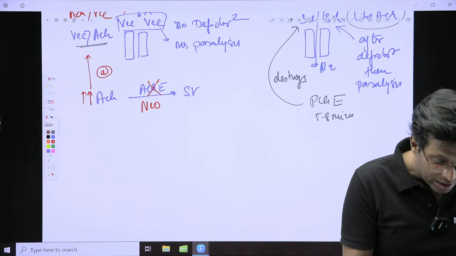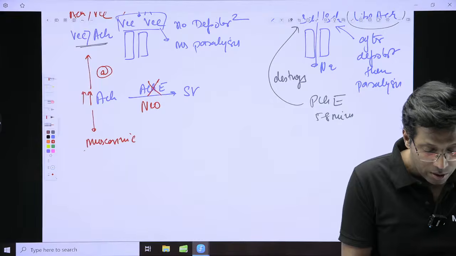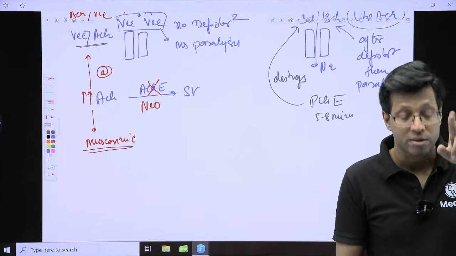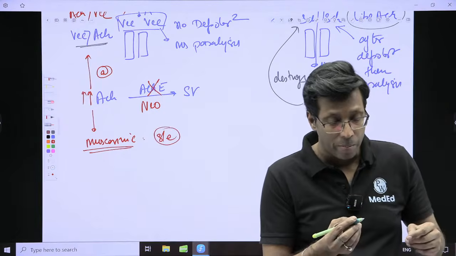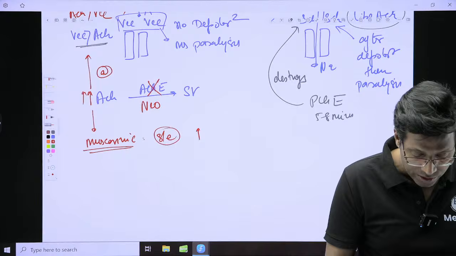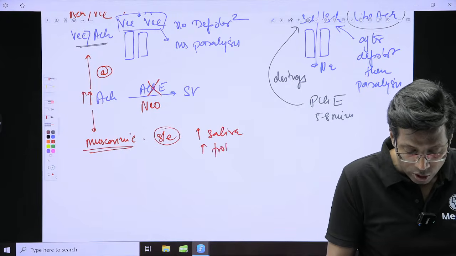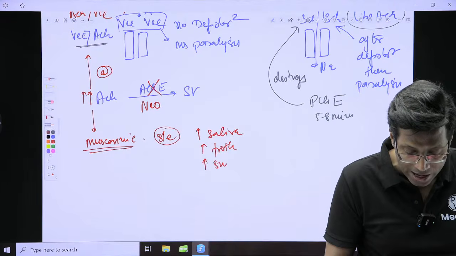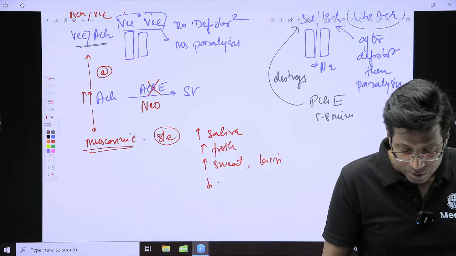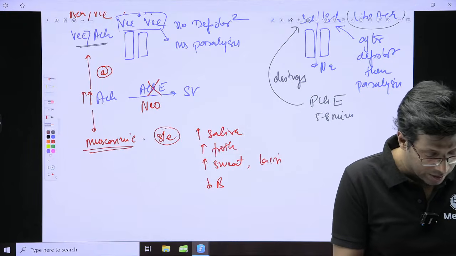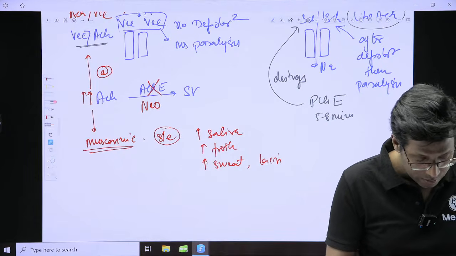But the increase of acetylcholine also takes place at the muscarinic receptor. When acetylcholine increases at muscarinic receptors, it leads to muscarinic side effects. Remember all the muscarinic side effects. That is increased frothing, increased salivation. All of you have said correctly. There is frothing, salivation, increased sweating, lacrimation, bronchial secretions, but there is bradycardia and bronchospasm.